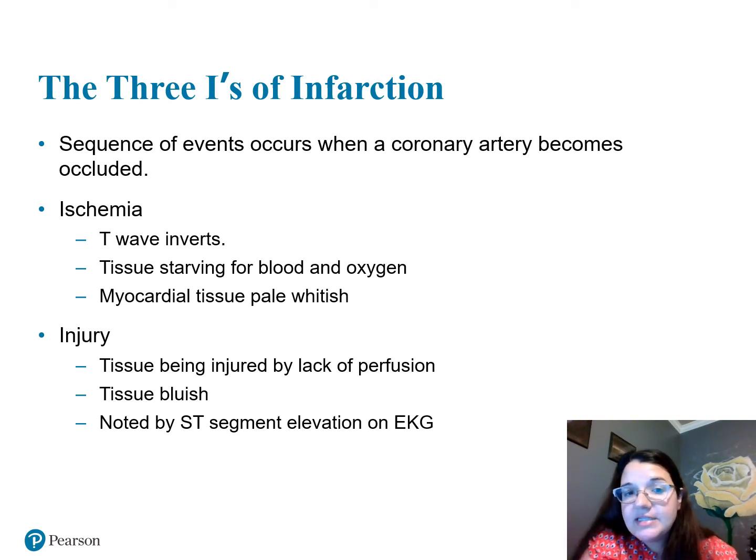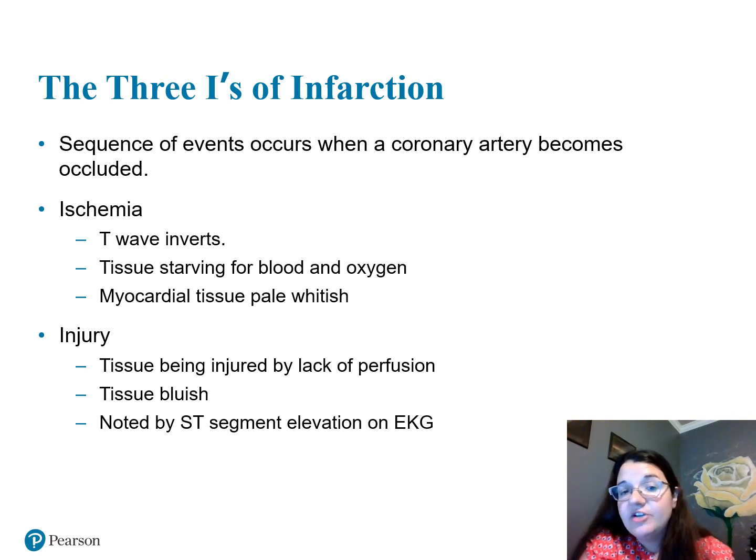So the very first I is called ischemia. Your T waves are going to be inverted. Your tissue is starving for blood and oxygen. And your myocardial tissue appears to be a pale white. Okay. The second I is injury. Your tissue is injured now by the lack of perfusion, the lack of blood and oxygen.